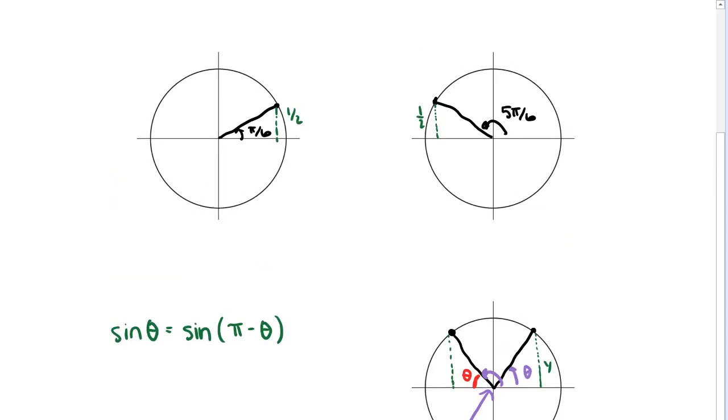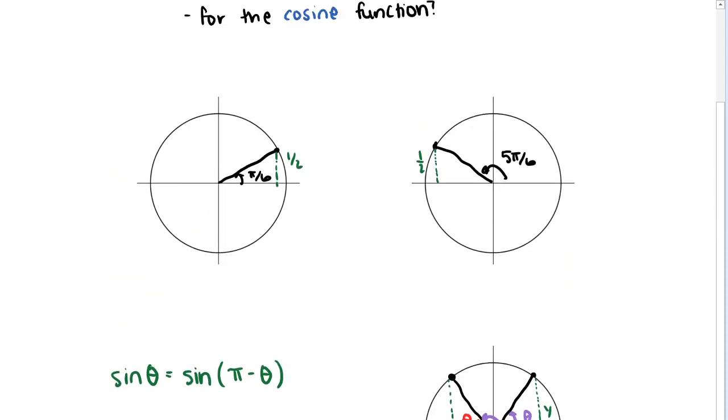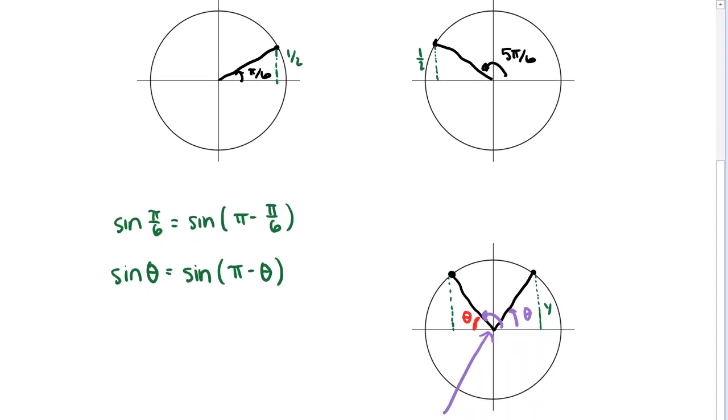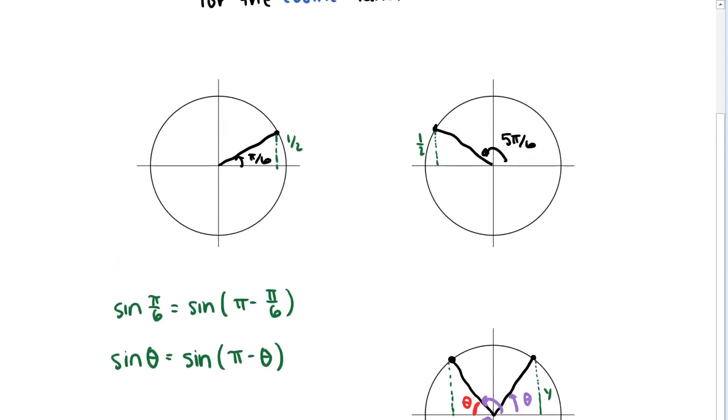Just like above, sine of pi over 6 is the same as sine of pi minus pi over 6. Pi minus pi over 6 is 5 pi over 6. So it's the same as our example here.